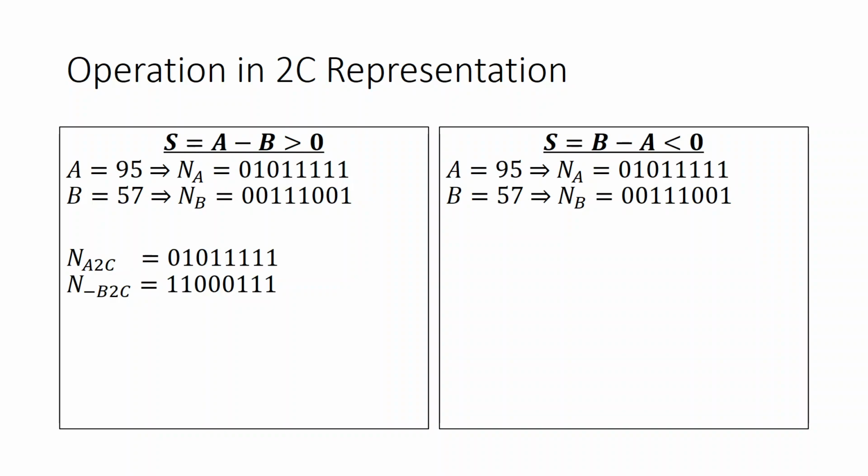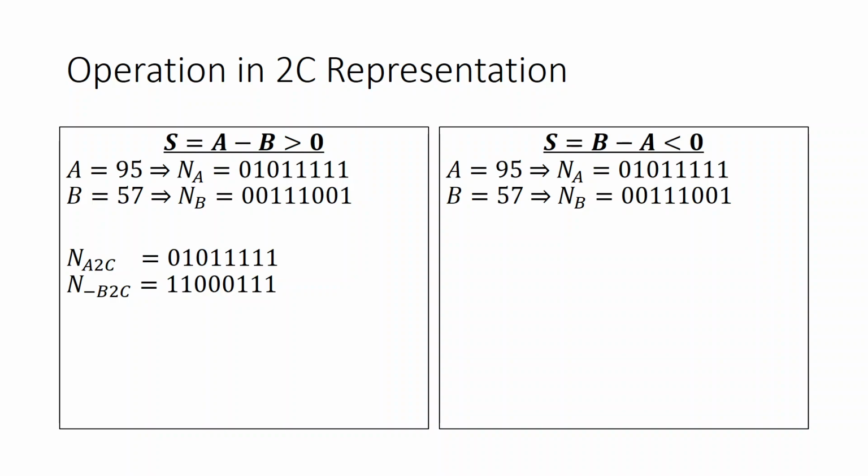The interpretation of the result will also be important. As you can see, in the first case the result will be greater than 0, whereas in the second case the result will be less than 0. So both will have a different interpretation, which we will learn with the help of these two examples.